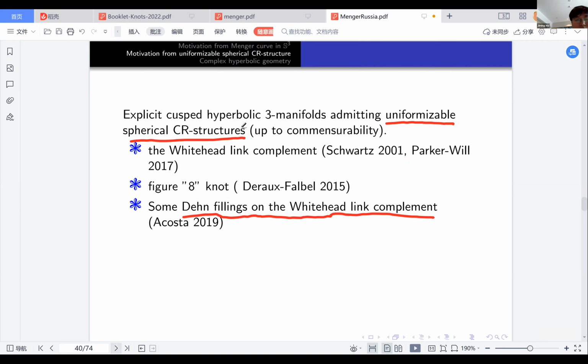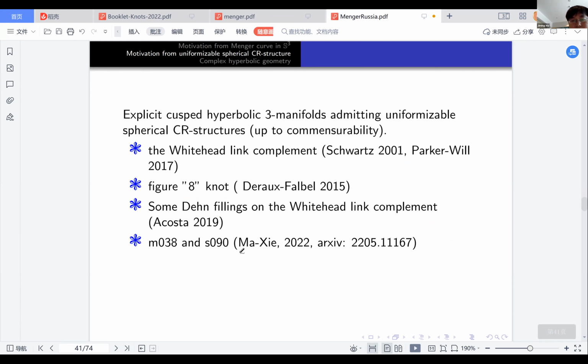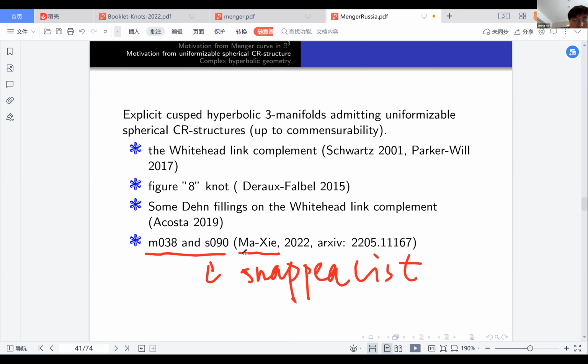And so myself and Baohua Xie, the two three-manifolds m038 and s090 are just in the SnapPy list, right? So these are two cusped hyperbolic three-manifolds.